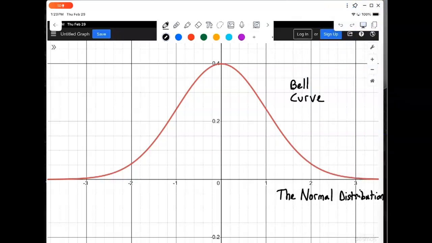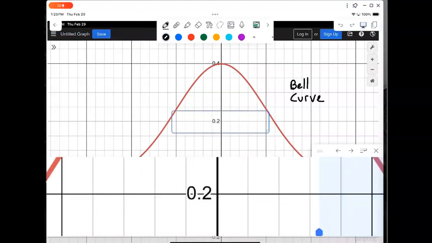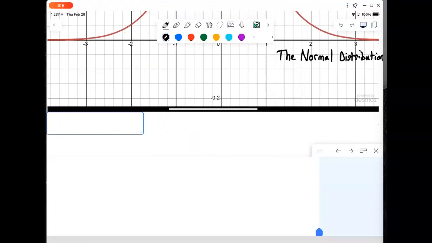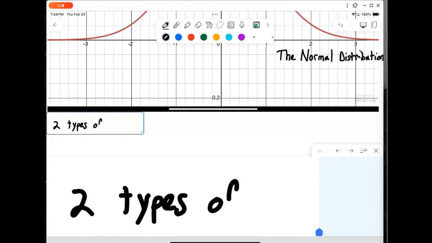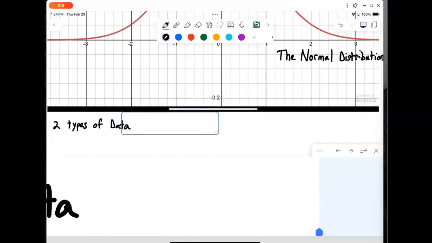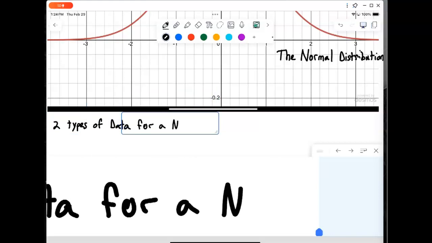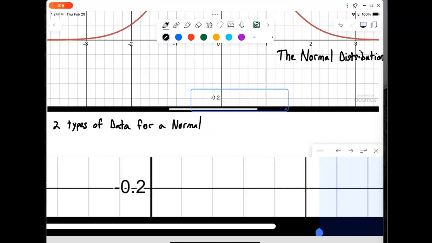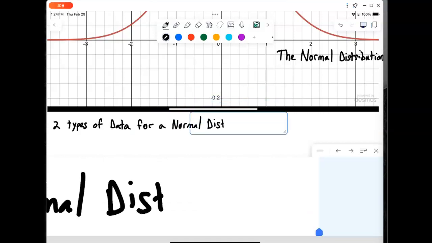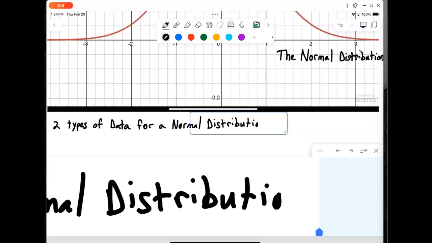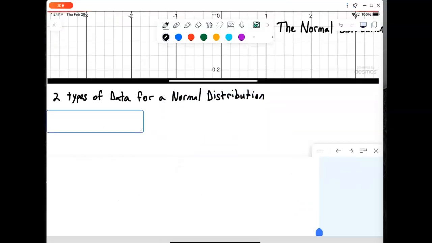Okay. So again, this thing here is called our normal distribution. When we deal with normal distributions, there's two types of data that we can talk about. We can have what's called discrete data.